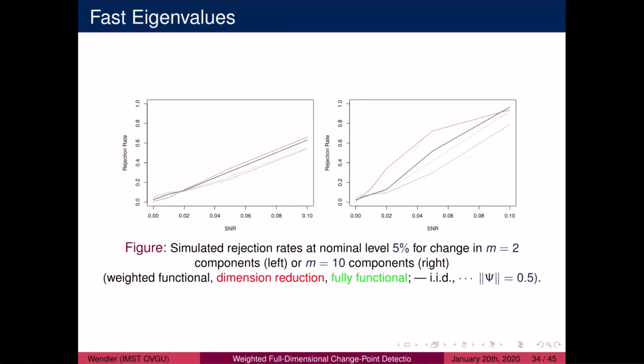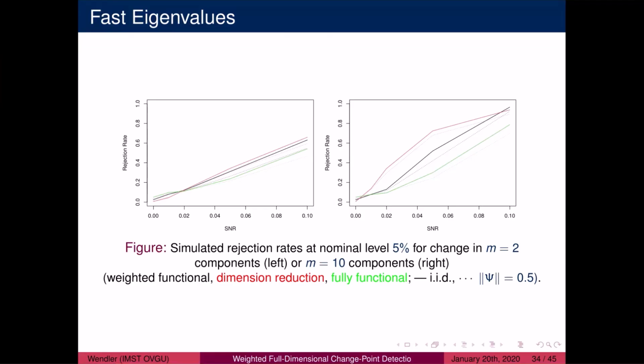So now the black curve is the weighted functional statistic, the red one is the dimension-reduced, and the green one is fully functional. So you see here is the setup. Here you have a change in only a few dimensions.